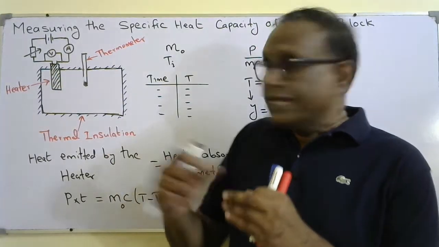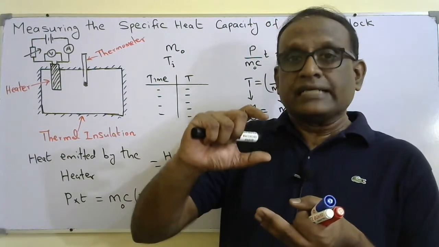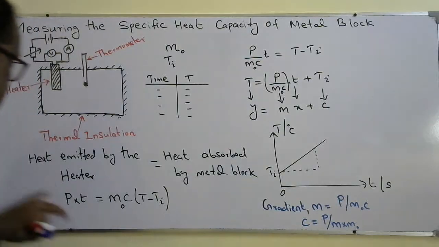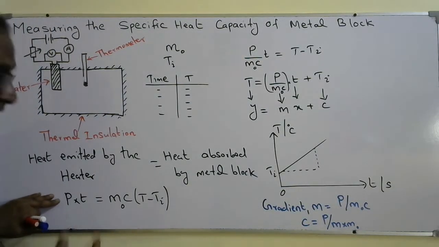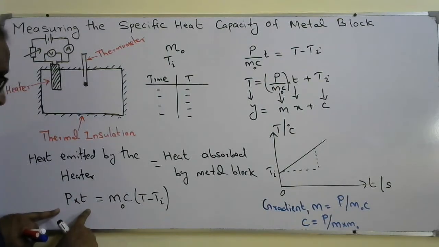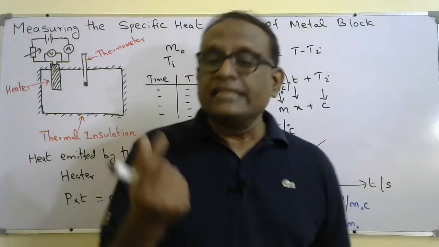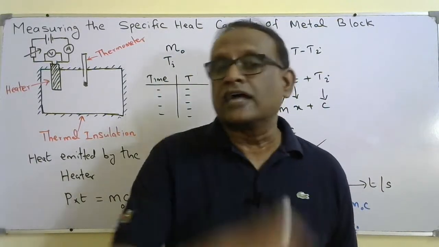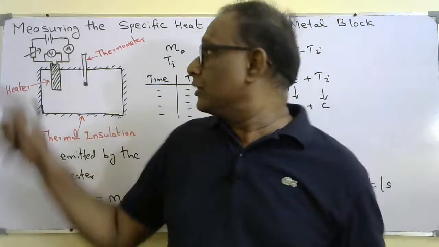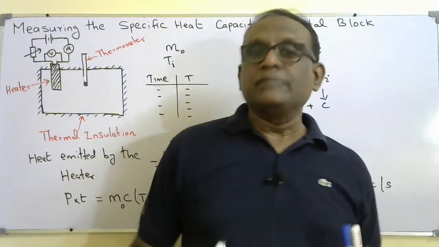A certain amount of heat will be lost to the surroundings from the part of the heater outside the metal block. So when we use this equation, the error is that we assume all the heat is given to the metal block, but actually only a fraction of the heat given by the heater is transferred to the metal block. The balance is emitted to the surroundings because a small portion of the heater is outside the metal block.